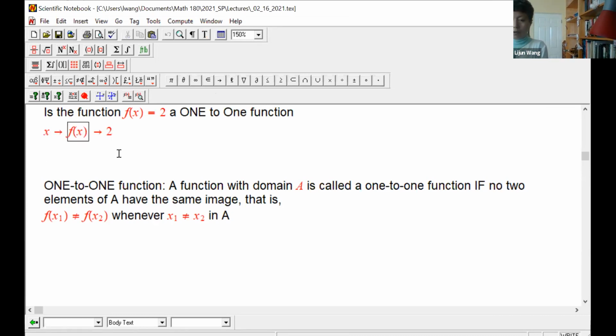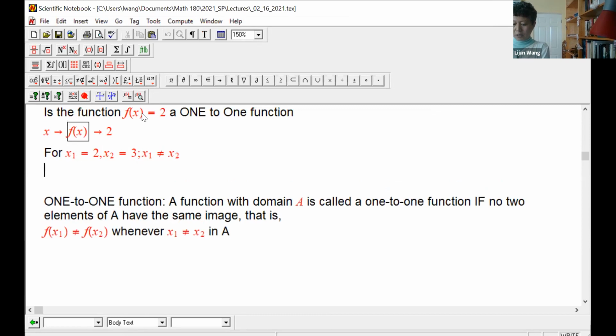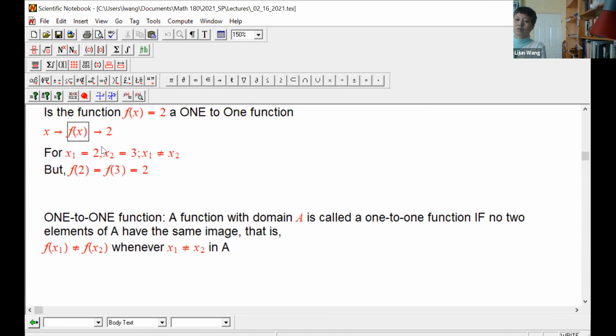So I'm going to show you. I'm going to give you one counterexample for f: for the input 1, f of 1 equals 2, f of 2 equals 3, f of 1 is not the same as f of 2, but f of 2 is the same as f of 3, equals 2.